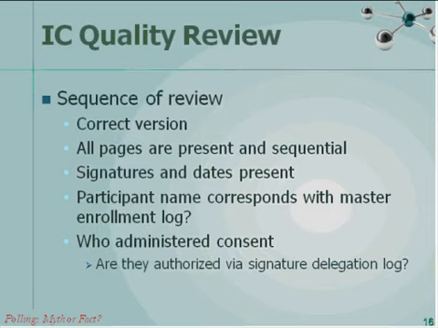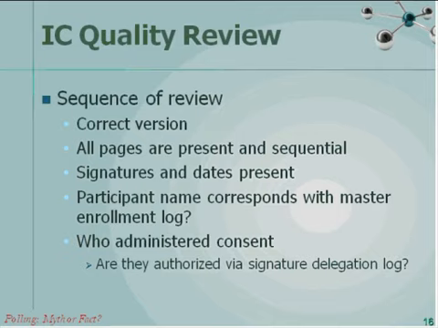We look at the pages. We want to make sure that all of the pages, whether it's 1 through 12, are there, that the participant signed in the lines and sections provided, and that it's dated with the correct date. We compare the participant's name with the master enrollment log, to make sure that the participant exists and this is a real person, and that other study records exist for the person that signed this consent document.